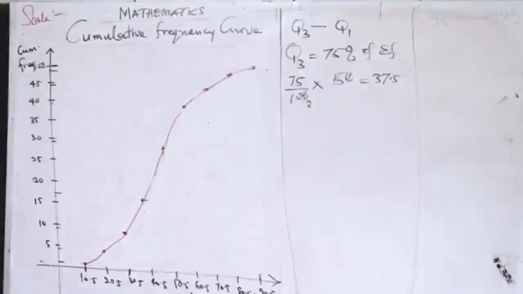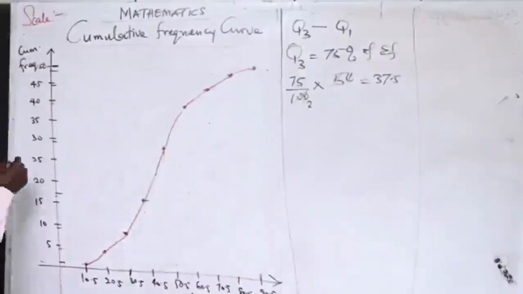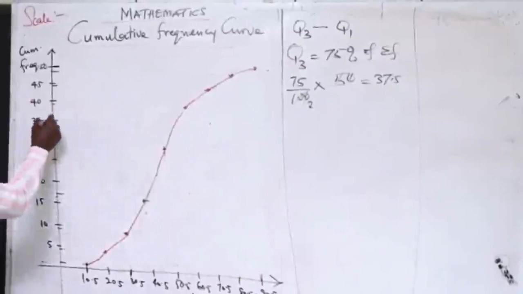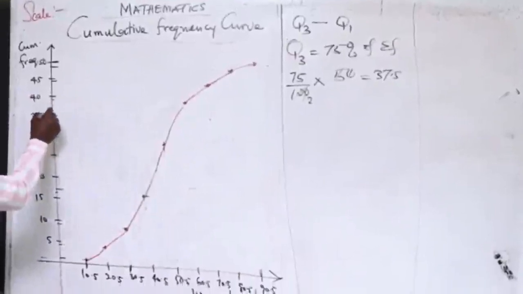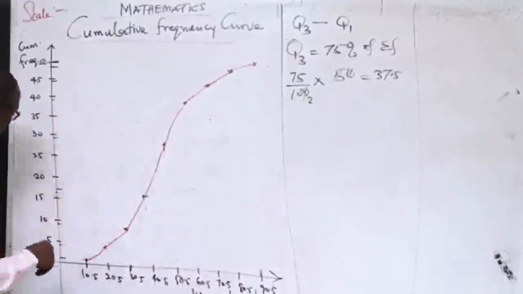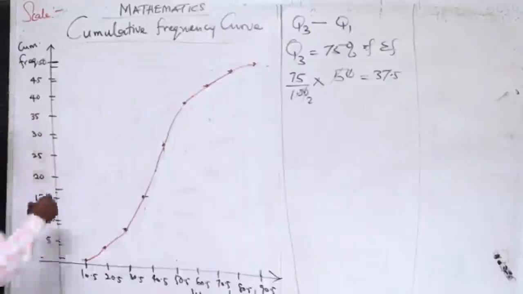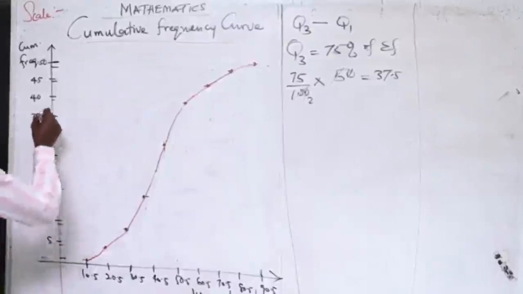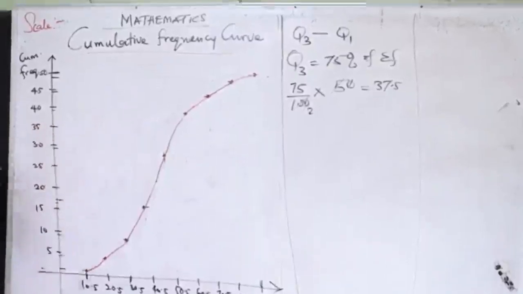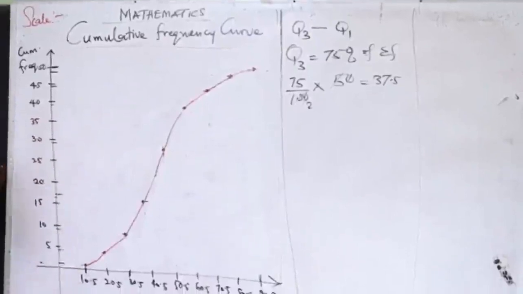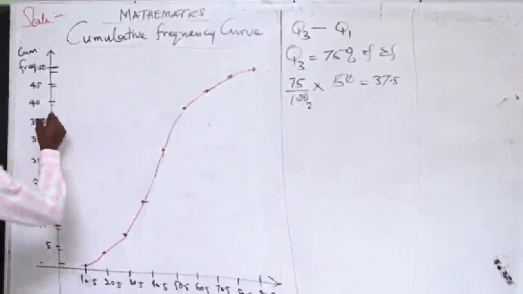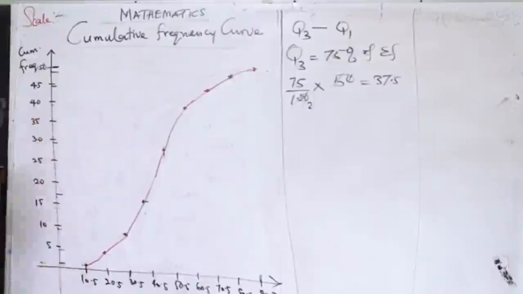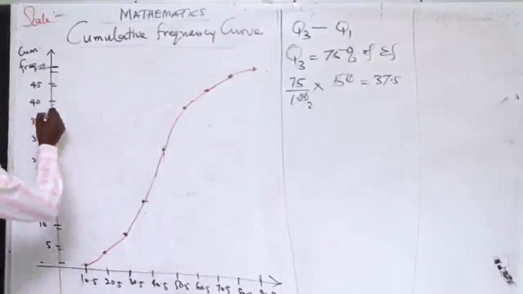So what is 37 point? This is 30. This is 35. How many O's are there? 5. Yes, 5. A good one. Count 5 O's after 35.